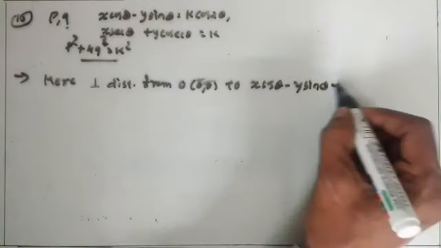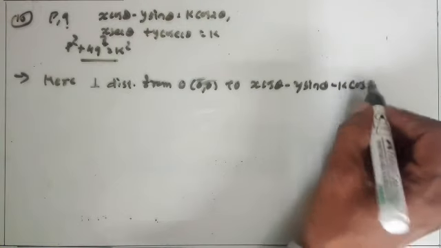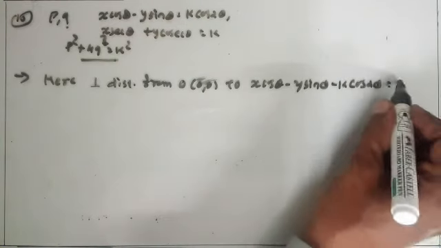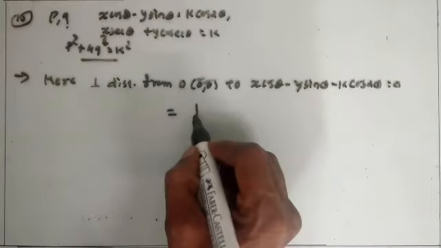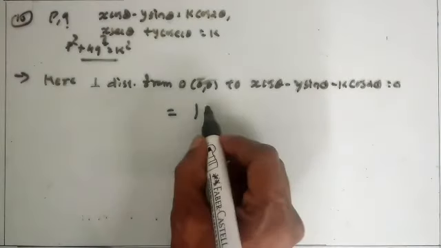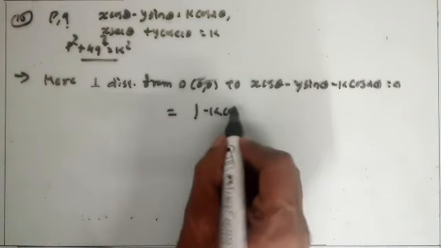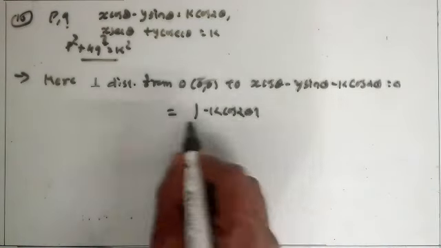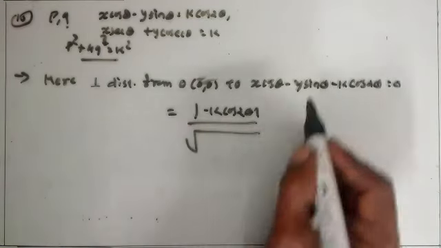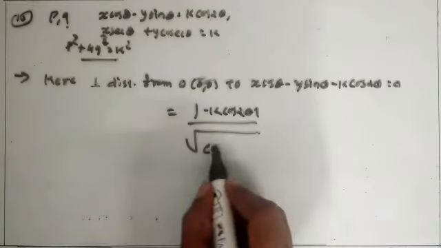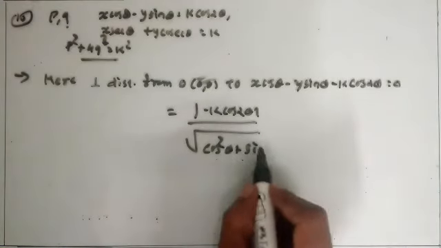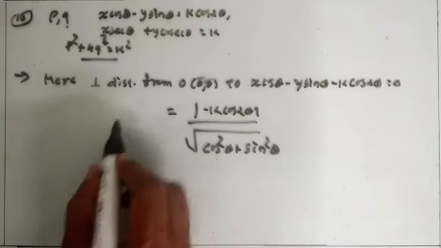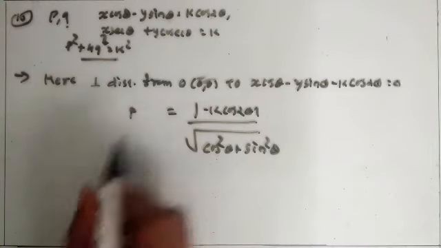Take this to the other side, so x cos theta minus y sin theta minus k cos 2 theta equals 0. We know that it is mod of c, that is minus k cos 2 theta, upon root of a square plus b square. Here a square is cos square theta plus b square is sin square theta. Clear?